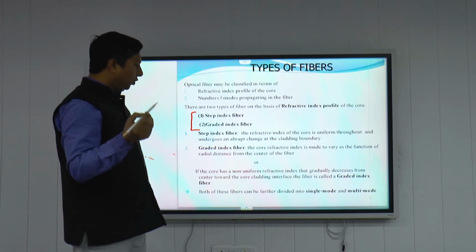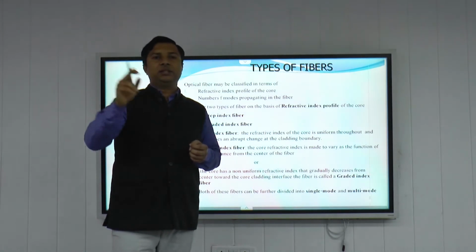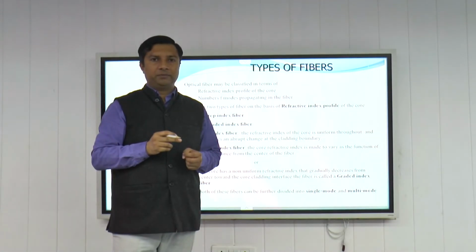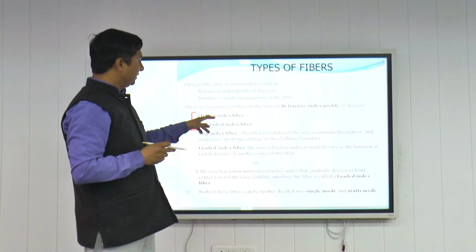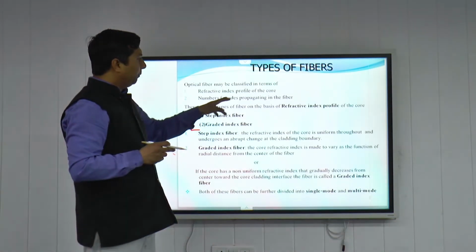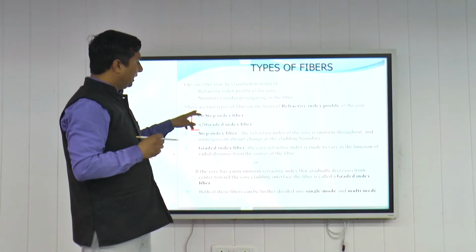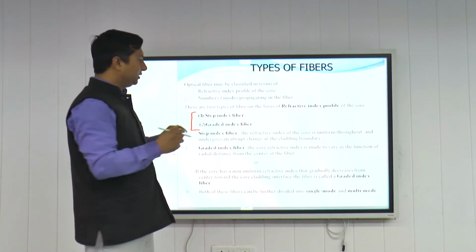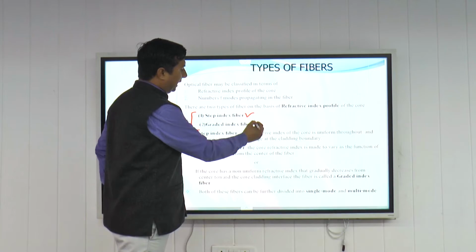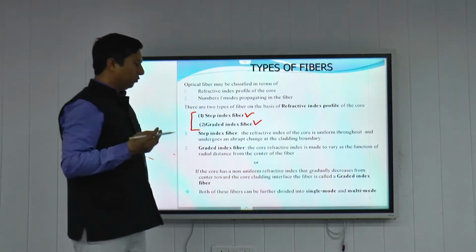Second is on the basis of how many signals can travel through optical fiber. So first, depending upon the refractive index profile of the core, we can have two types of fibers: one is step index fiber and another is gradient index fiber.